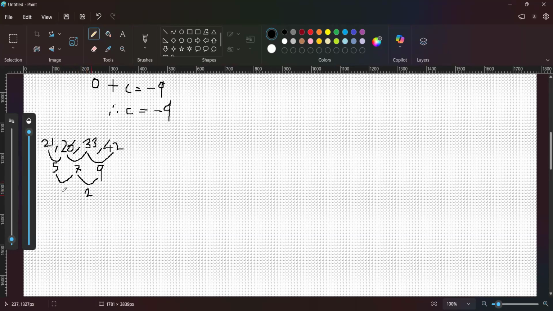So in this case, the common second difference is 2. Again, I think the best starting point is to conclude what your A is. And 2A is equal to the common second difference, which in this case is 2.